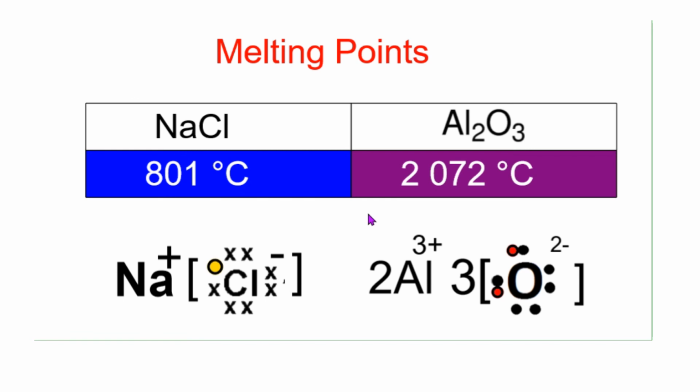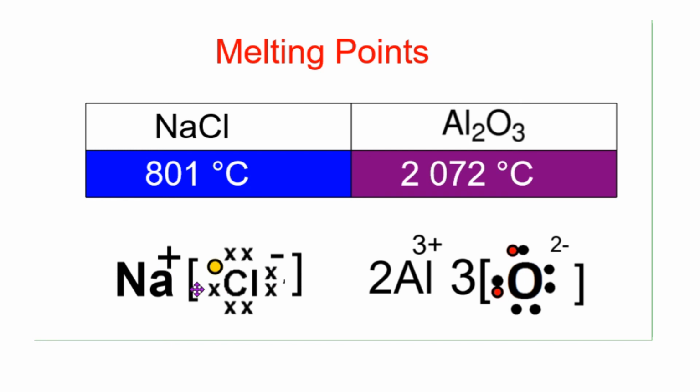And so remember what I told you, the strength of the melting point is dependent on the strength of the ionic bond. Now, when we looked at NaCl, there was only a transfer of 1 electron. And so the cation just has a +1 charge, and the anion has a -1 charge.